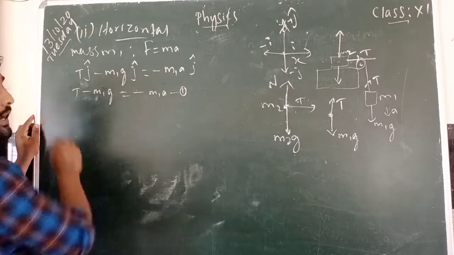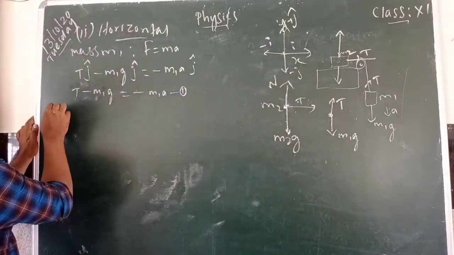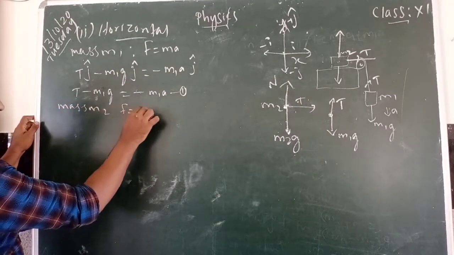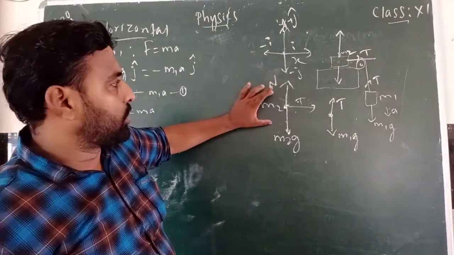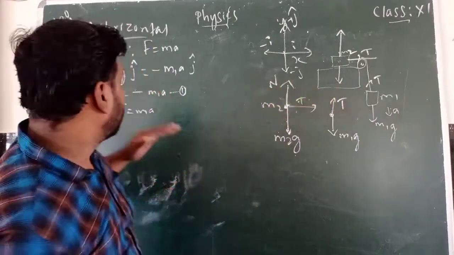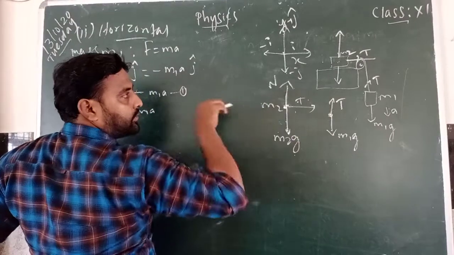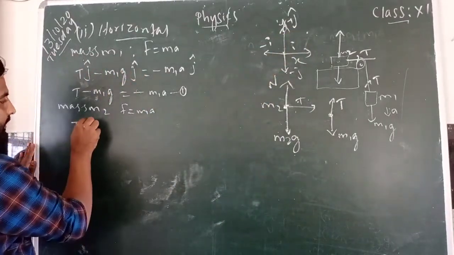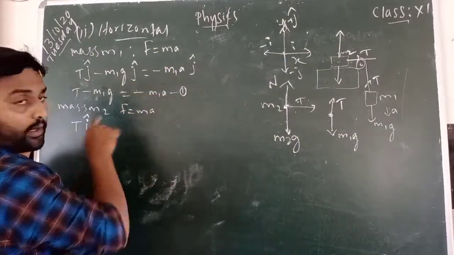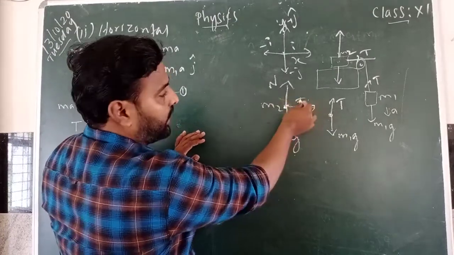Now you have to find the tension in mass M2, so apply Newton's second law for mass M2: F equals Ma. The tension T acts in the I unit vector direction, along x, and in this direction there is no gravitational force, so only T is there.